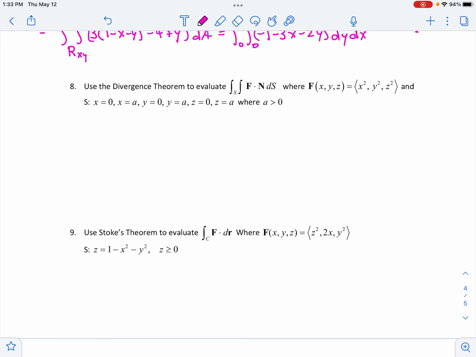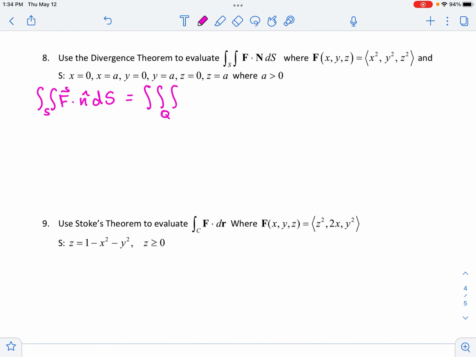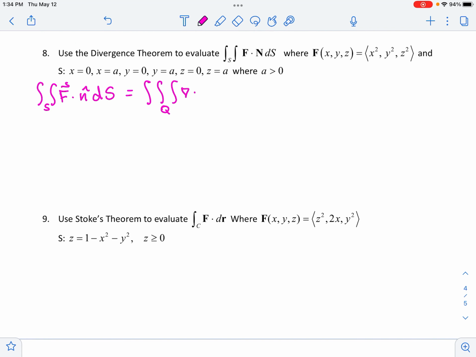So we have this surface integral. And what the divergence theorem says is we can rewrite this as a triple integral over some solid, where we have the divergence times the volume. In other words, this is a way that we can deal with this surface integral with a triple integral. So let's see how this works.